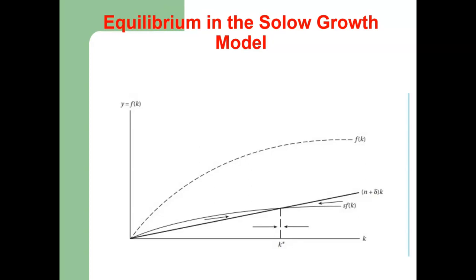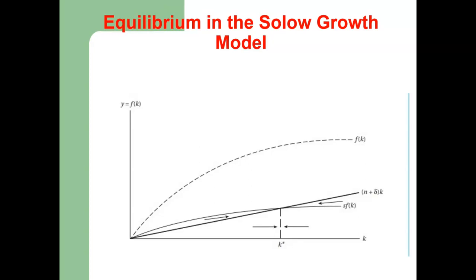This stability is seen in the diagram by noting that to the left of k*, that is when k is less than k*, we see that (n + δ)k is less than s f(k). Looking at the Solow equilibrium equation, when (n + δ)k is less than s f(k), delta k is greater than 0.